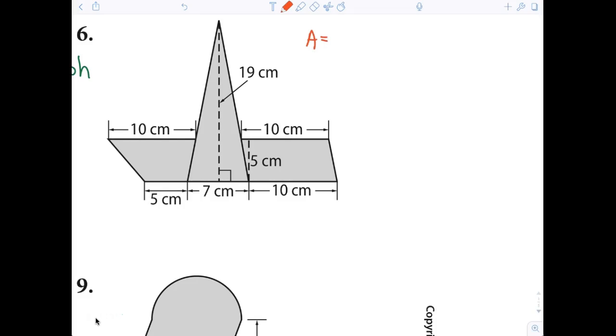For the first one, it's a trapezoid, so you have to write the formula for area of a trapezoid: 1/2 base 1 plus base 2 times the height, plus the formula for area of a triangle: 1/2 BH. And the area of a parallelogram? BH. Thank you.